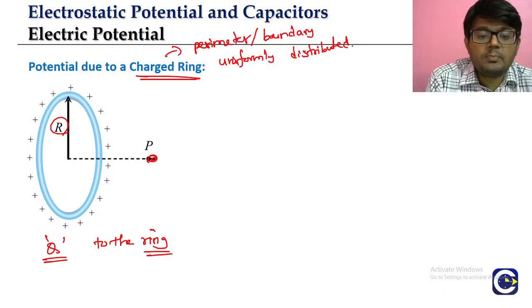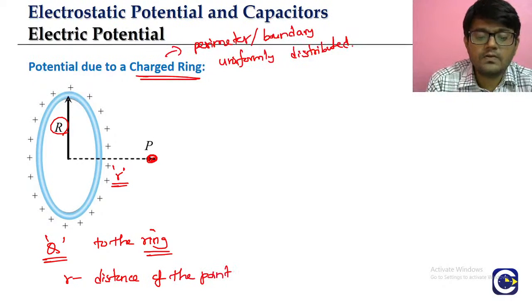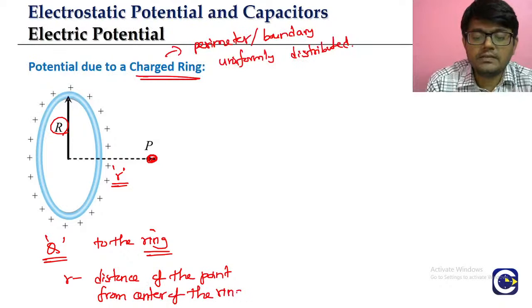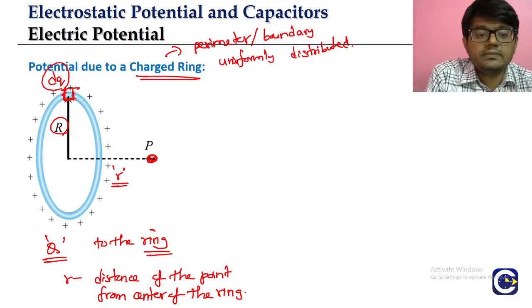We are marking a point P, at a distance small r from the center of the ring. We take a small charge element dq.